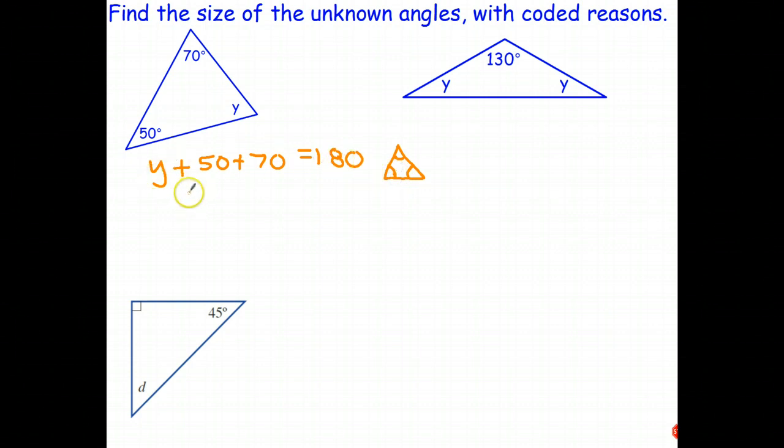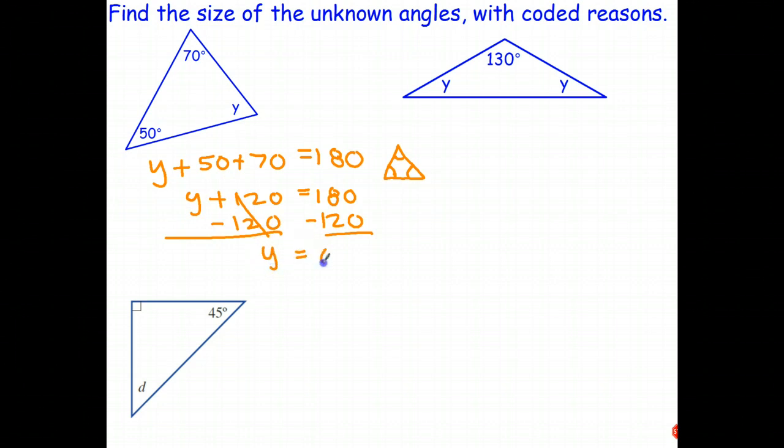Simplifying the left-hand side, y plus 120 equals 180. Subtract 120 degrees from each side, and I get my answer. The size of the unknown angle y is 60 degrees.